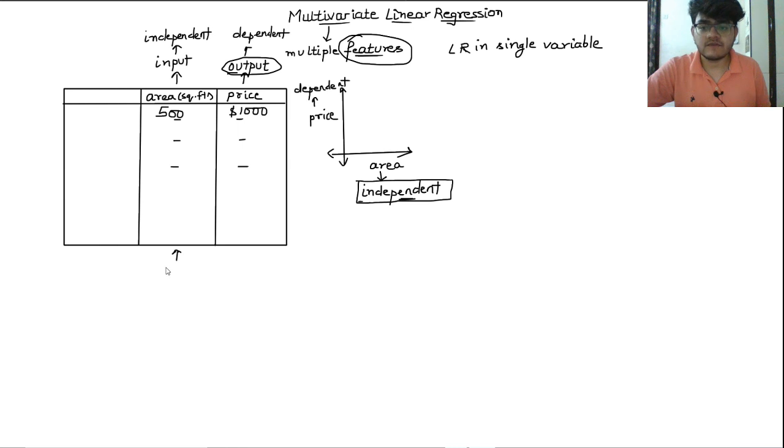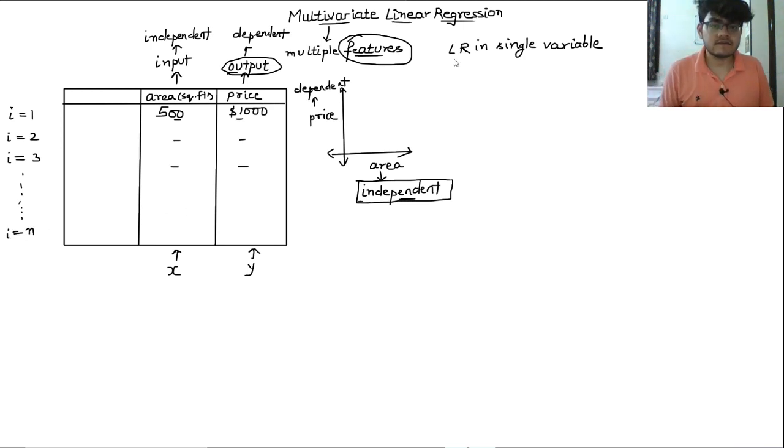So this was the only feature, x, we were calling it x, and this was y, and we were using i to represent a particular record or a training example like this. And let's say we have n training records. We have discussed what the hypothesis will be in case of a single variable, which is a single feature. We have also discussed the cost function and gradient descent in that case.